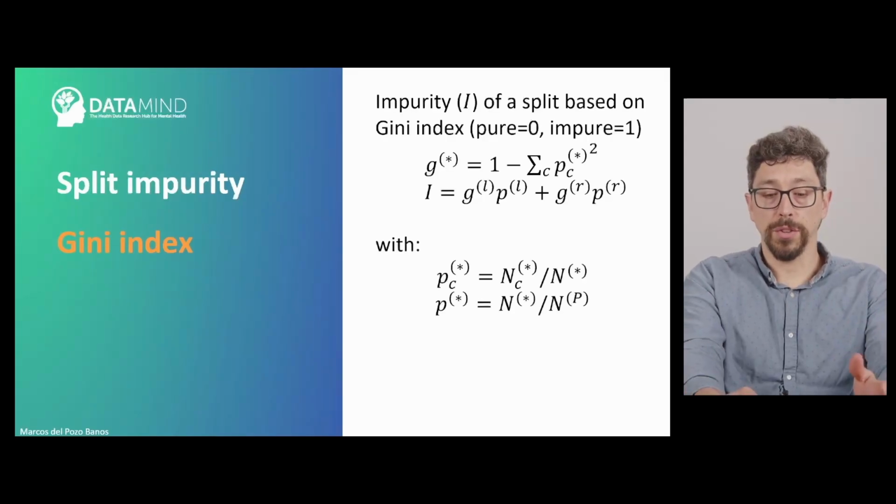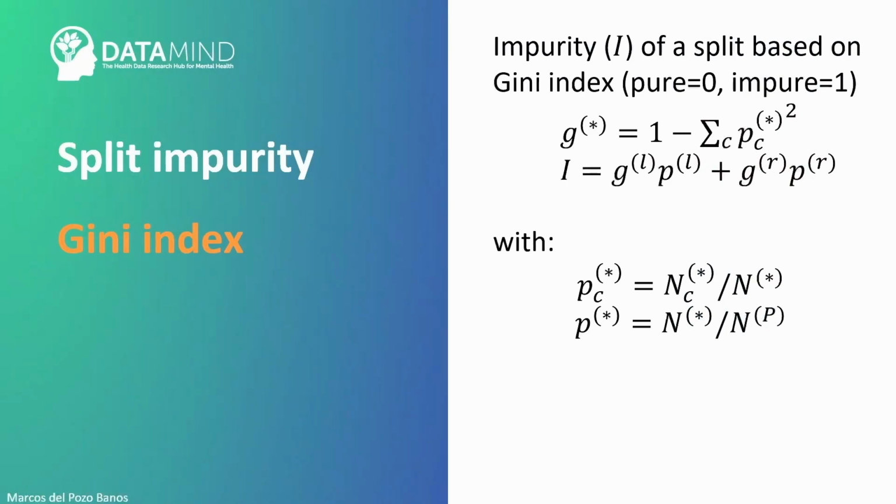There are different ways of defining impurity. A very common one is to use the Gini index. The Gini index will range between 0 for pure nodes to 1 for maximally impure nodes. We start by defining the Gini value for a given node, where P sub C is just the proportion of samples in the node that correspond to class C. And then what we do is we take the two nodes, the left node and the right node.